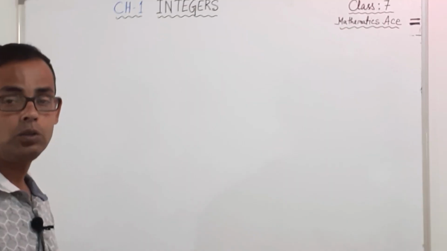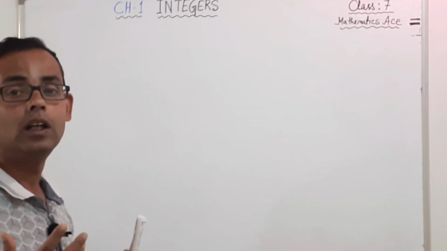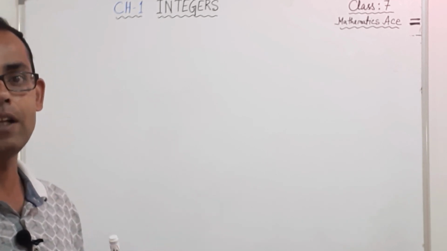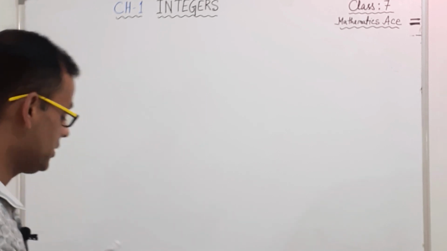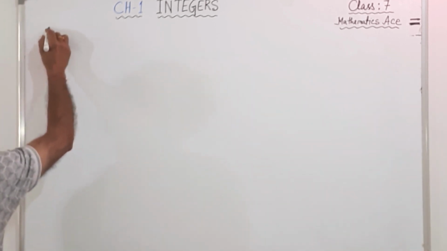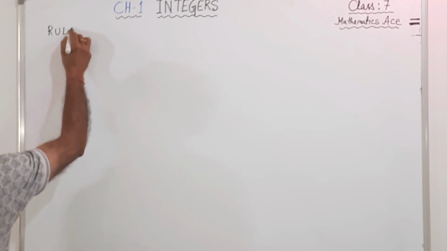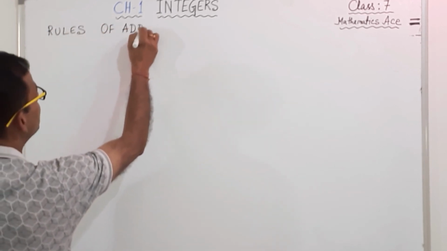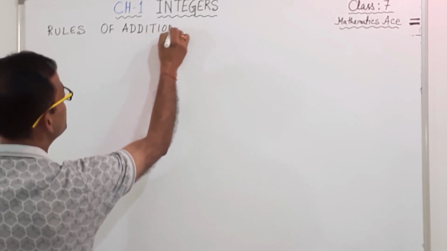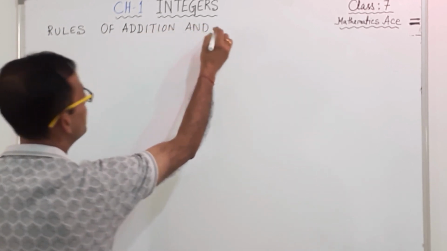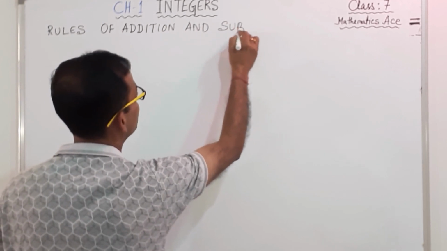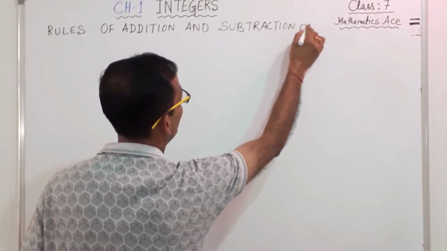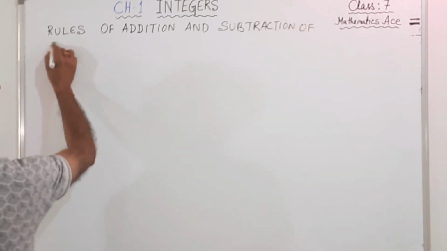Okay. Now we will understand the rules. The rules for addition and subtraction of integers. So now we will study what? Rules. Very, very important. Rules of addition and subtraction of integers.